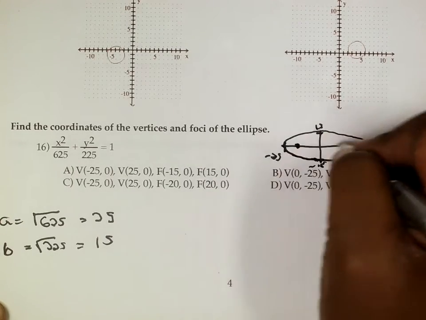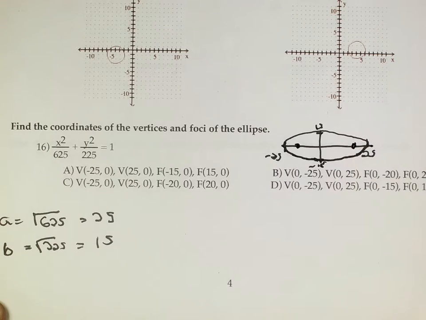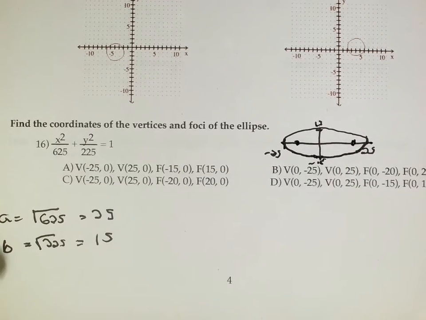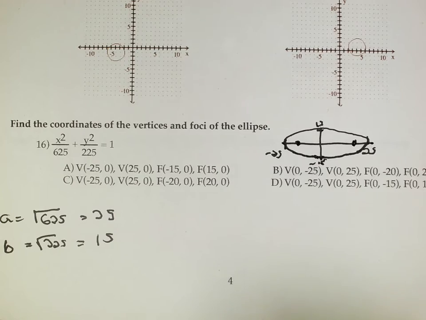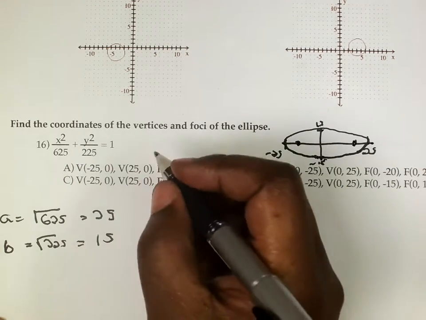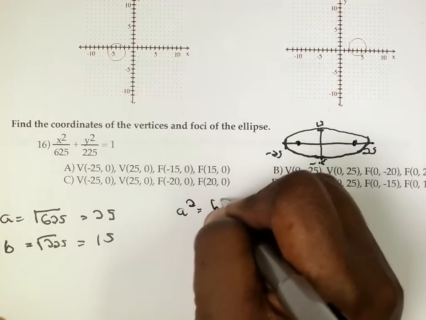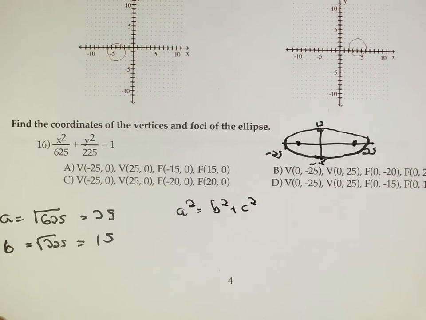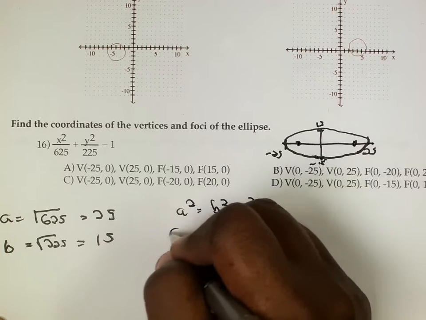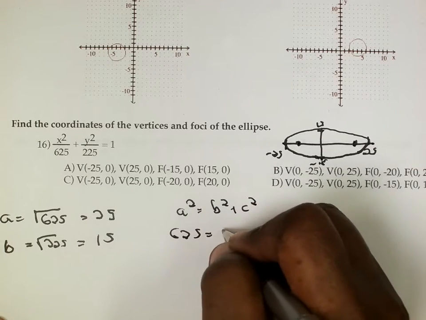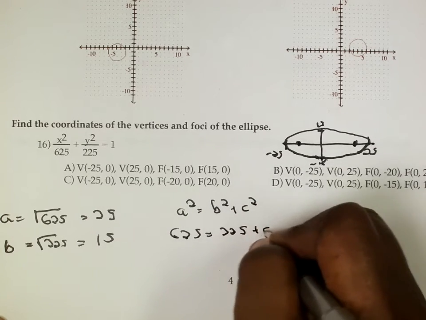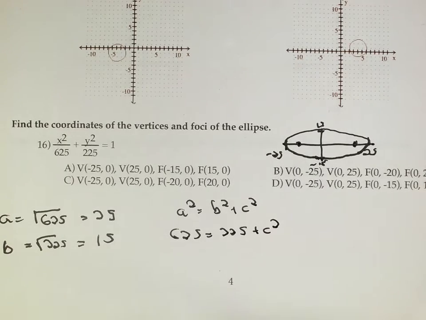So I need to find what these foci are. To find the c term, we need to use the fact that a squared equals b squared plus c squared. So a squared was 625, b squared is 225, and we have to use that to find c squared.